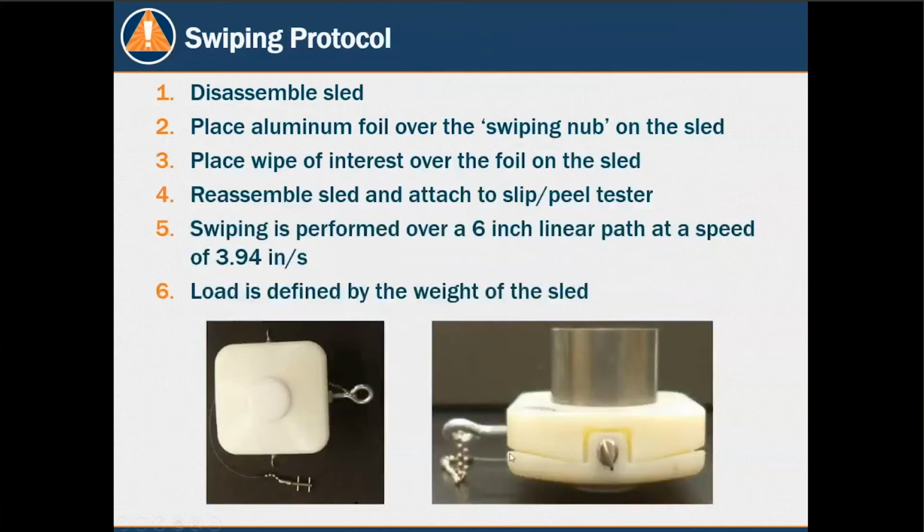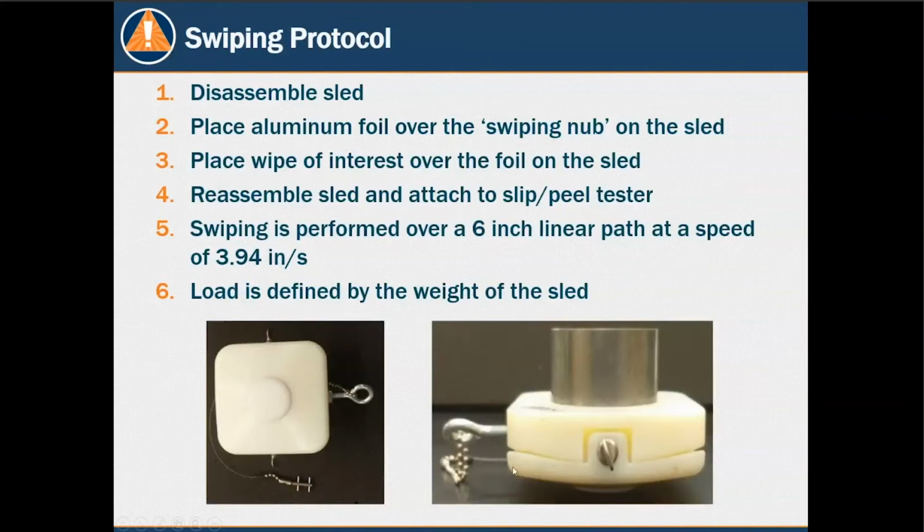In terms of the sled, you can see that it's in multiple pieces. And so you can undo this set screw here, take the sled apart, and you can install, and we installed aluminum foil that covered this swiping nub and then was held in place up inside the body of the sled here. And then it went down and covered that swiping nub.